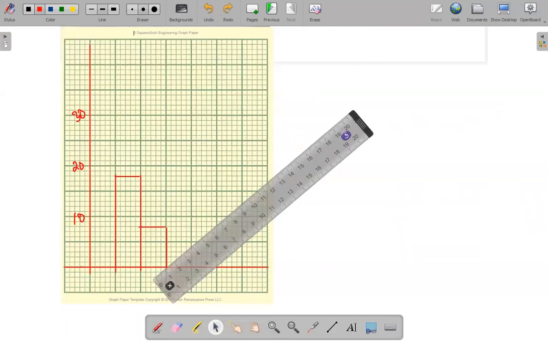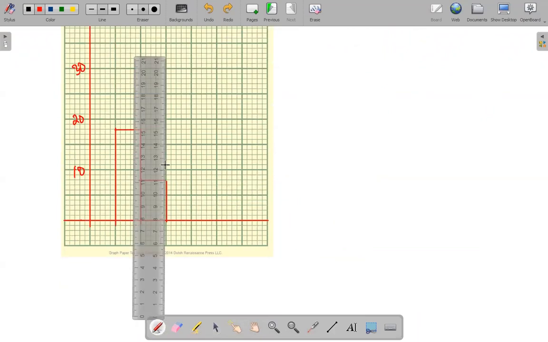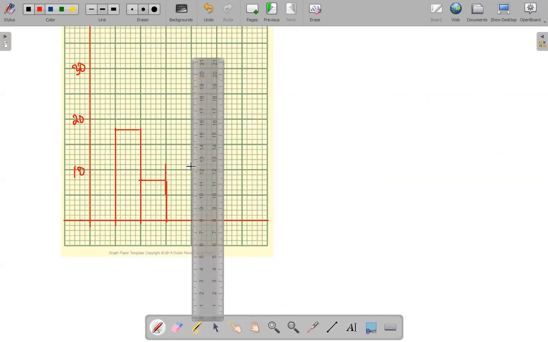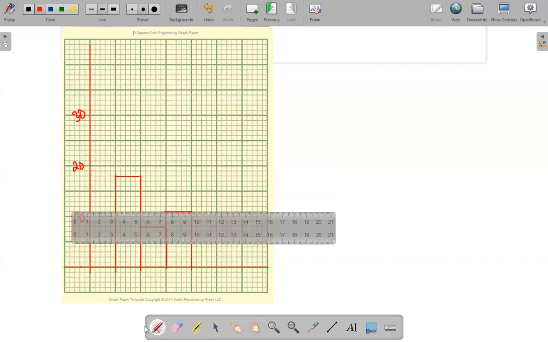After 9 we have 11, which should be somewhere here. And then 25.